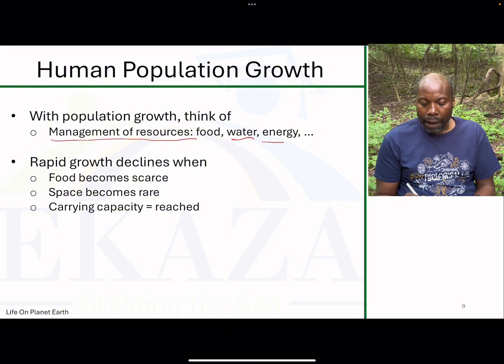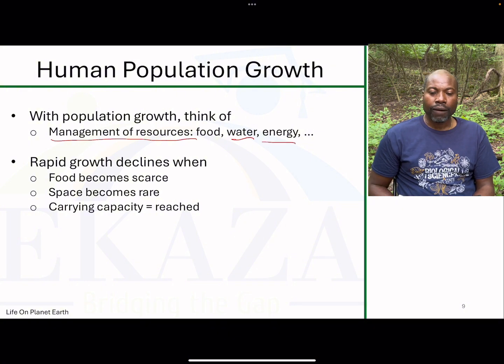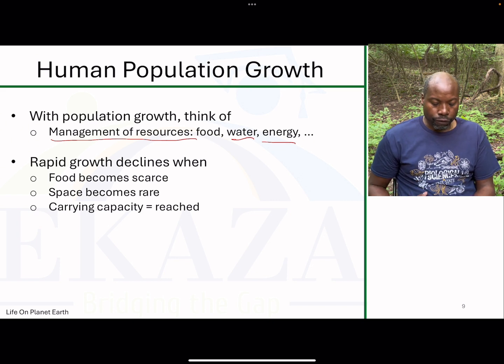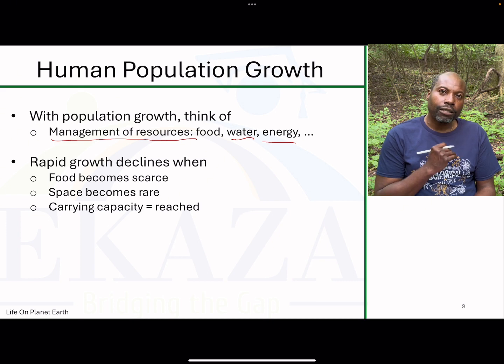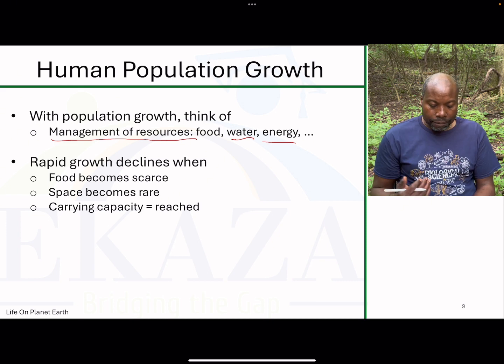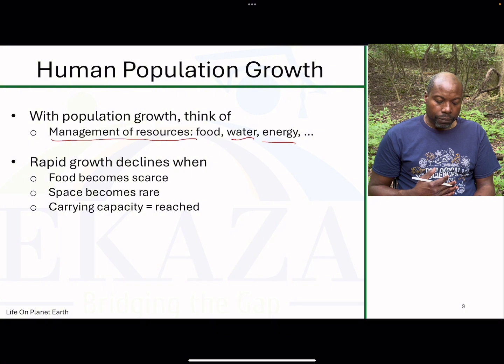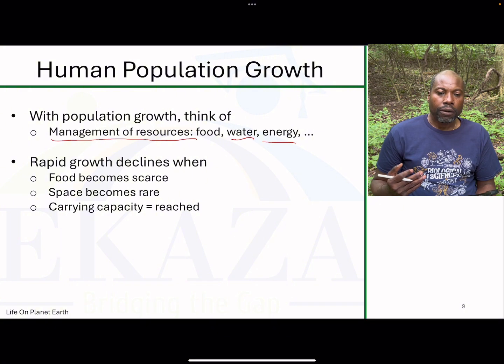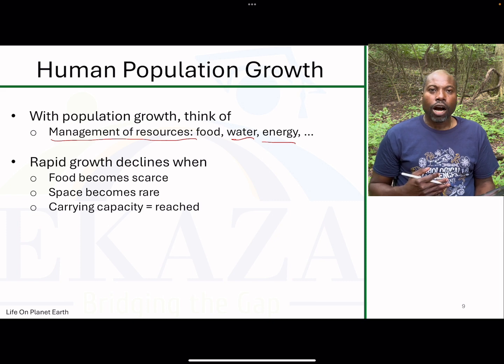Do we have the amount of energy? Do we have the amount of shelter? Do we have the amount of land? And so on and so forth. But what is for sure is that there is a variation in population growth per area of the globe.